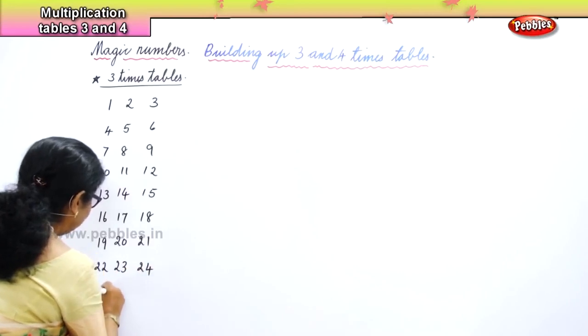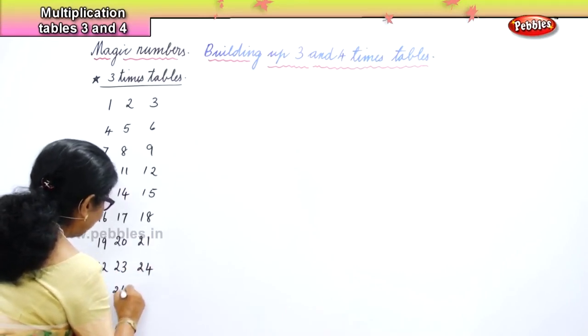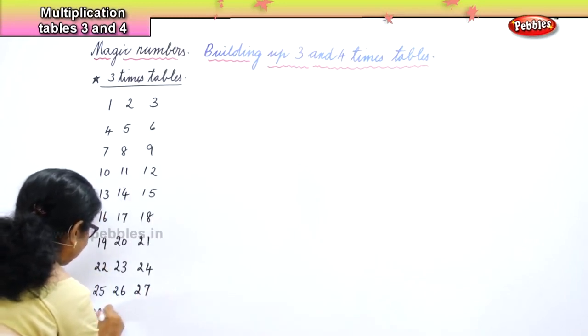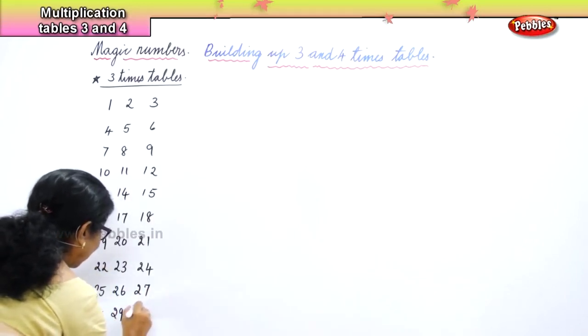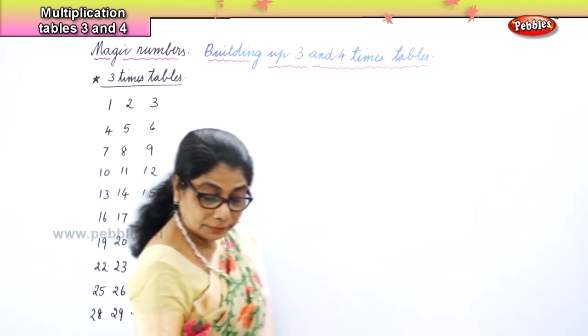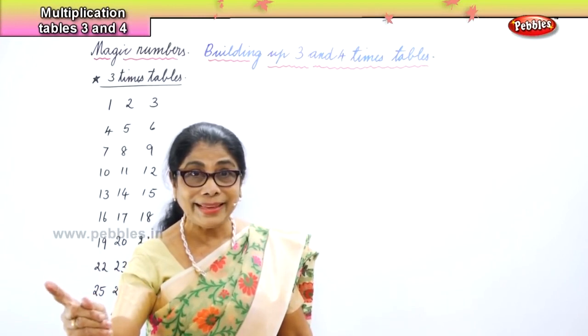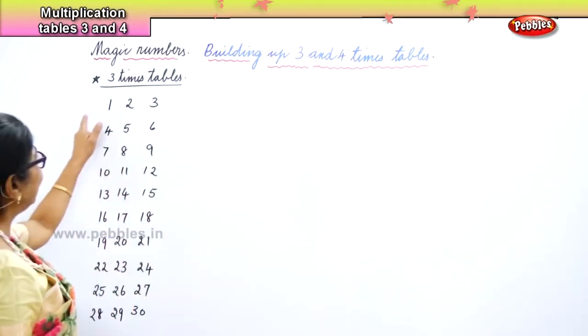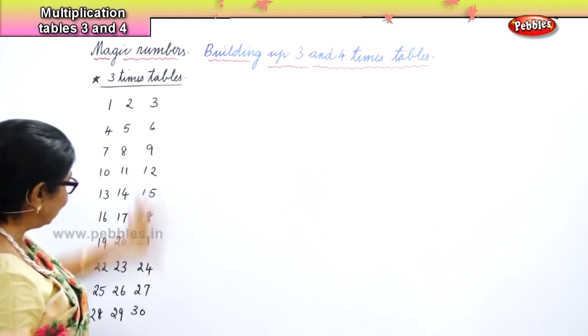Random numbers, okay? 25, 26, 27, and then you have 28, 29, and 30. I said we are doing magic numbers, but we are building the 3 times table. Now, we simply wrote 1, 2, 3, okay, and then filled up.